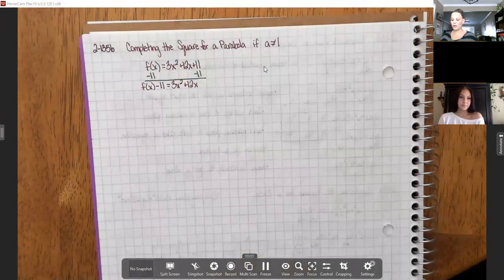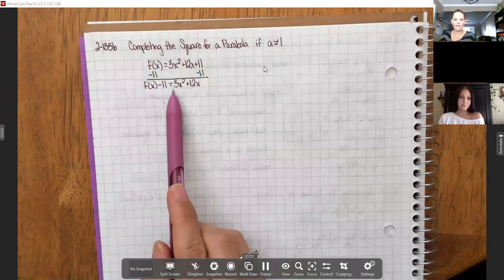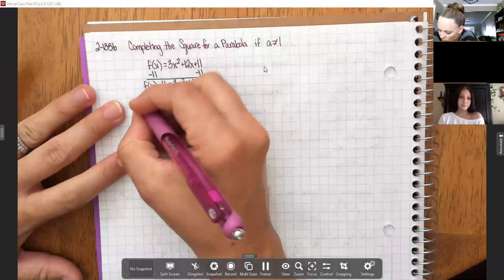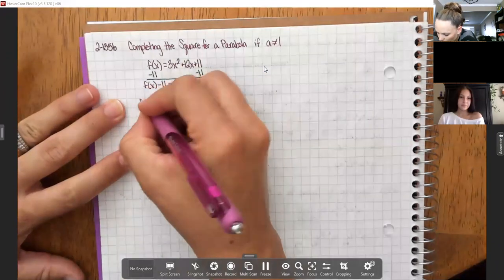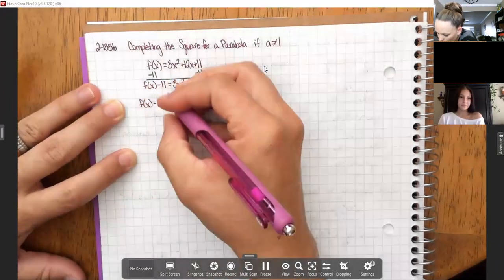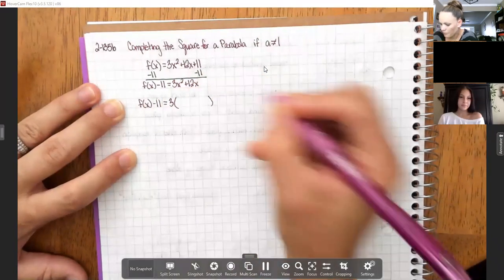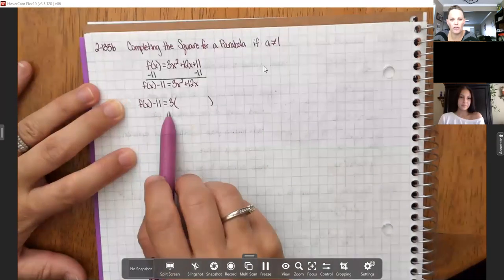So this is where it's a little bit different. Now that we have an a value not 1, we have to factor out the a value. So this left side stays the same, f of x minus 11 equals, we factor out whatever a is. It's kind of like the distributive property backwards.